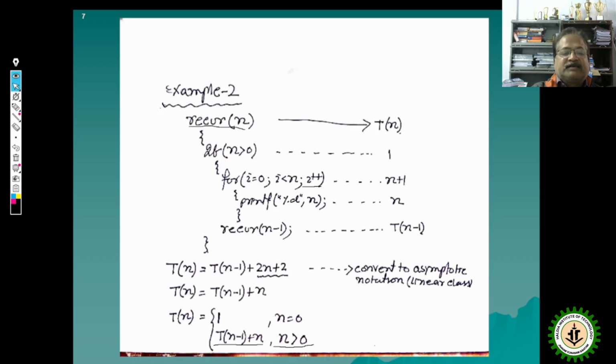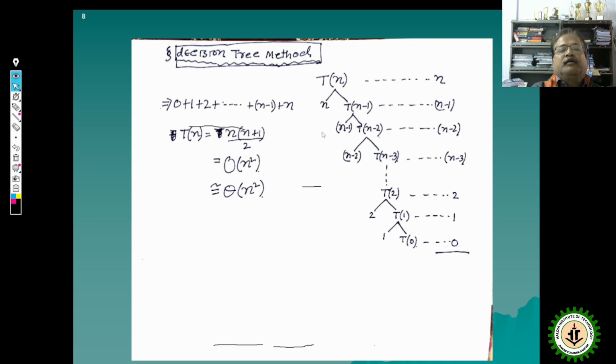What you have in the last slide, T(n minus 1) plus n. Now if I take the decision tree, that means we have like this plus this. So what value you have? T(n minus 1) plus n, am I right?